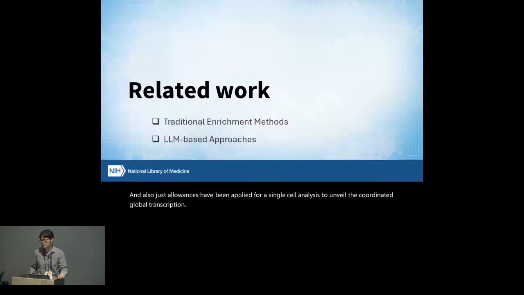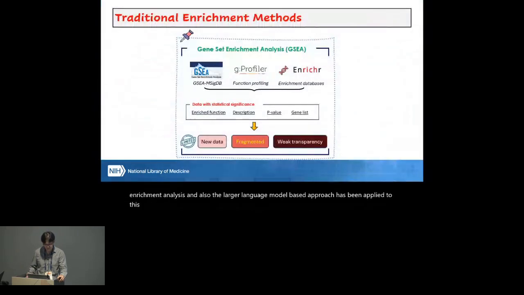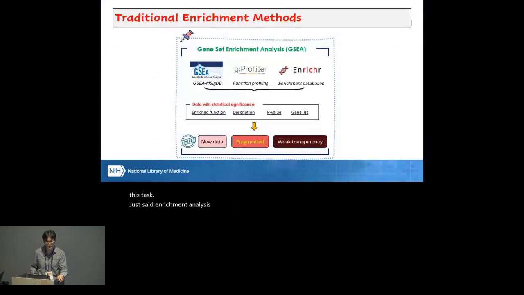I will give you some introduction to the related works, including the traditional enrichment analysis and also the large language model-based approaches that have been applied to this task. Gene set enrichment analysis is a very popular method, including GSEA, g:Profiler, and Enrichr.